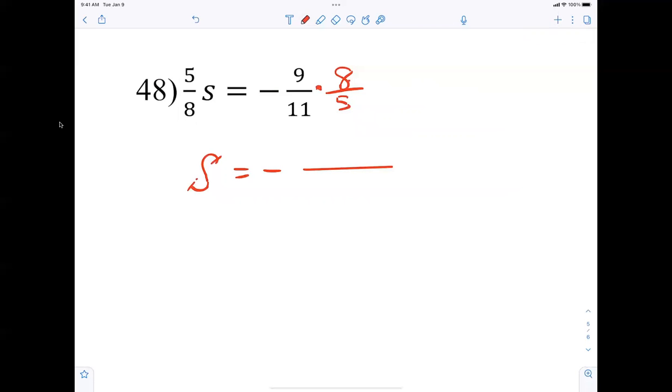Yeah, we're multiplying, right? So you got to multiply these two. That's 8 times 8. And then 5 times 11. It's just 5 times 1. Twice. There you go, kid.